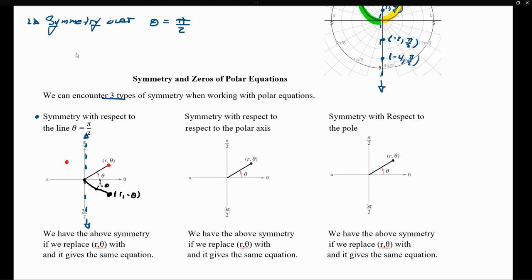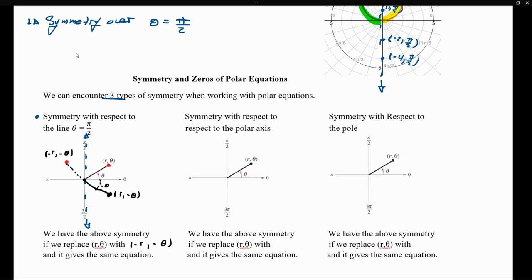And now it just so happens that if I take this point and, instead of going in a positive direction, I go in a negative direction, therefore negative r comma negative theta, we will always get the image of a point that is reflected over the line theta equals pi over 2. So the image of any point that is reflected over the line pi over 2 will always be defined as negative r, negative theta.